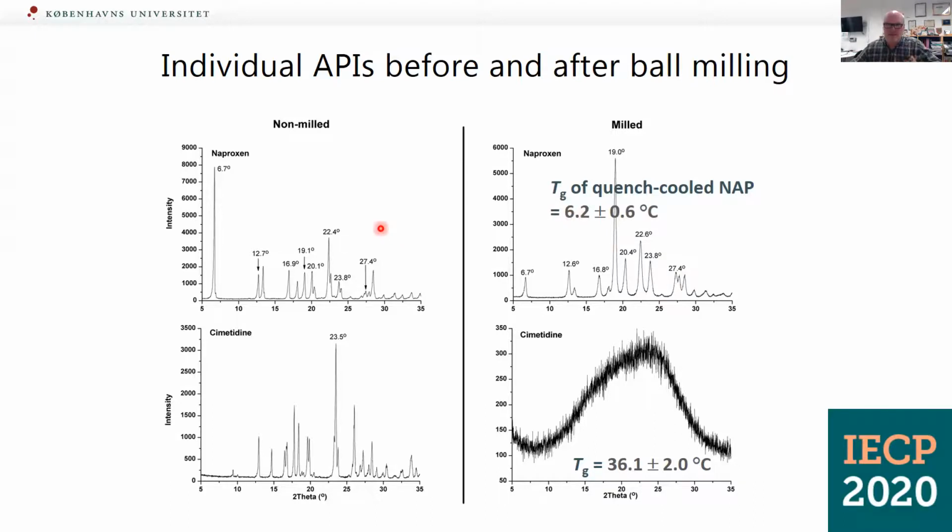So maybe intermediately during the milling we get amorphization, but because the temperature during milling will be too high, we come to the supercooled melt state of this amorphous form of the drug and we get crystallization. This is not the case for cimetidine, and of course it is depending on the ball milling conditions that one uses. But by and large we can say naproxen alone we cannot convert to an amorphous form by milling.